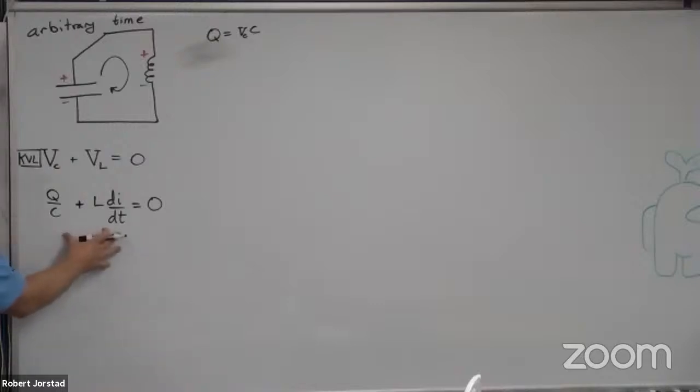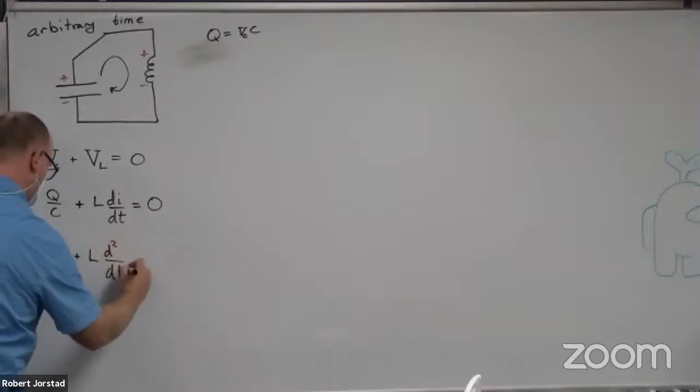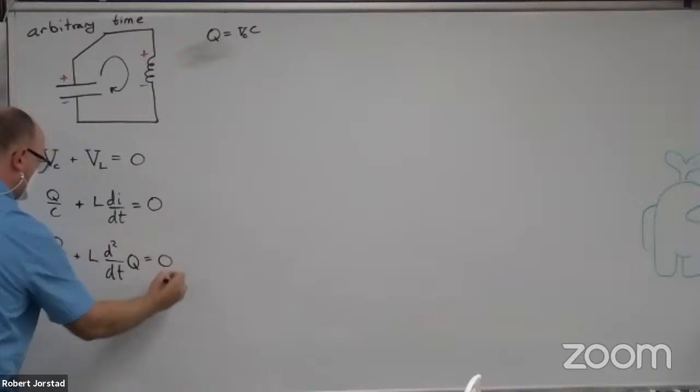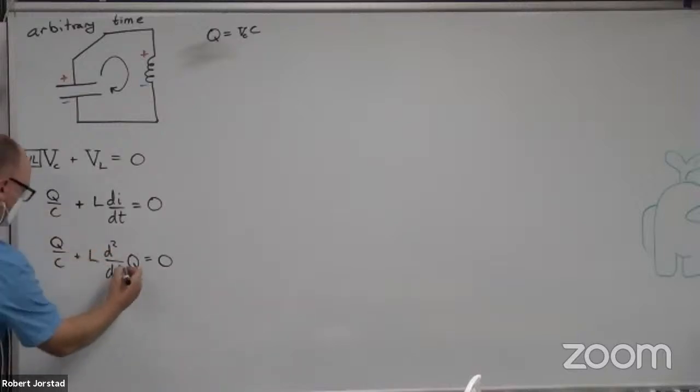In this case, this is almost a differential equation we can understand. But remind me, how does I relate to Q? Yeah, the derivative. So watch this. Do you agree that is still true? All I did was write I as dQ/dt, so now I get a second derivative downstairs.